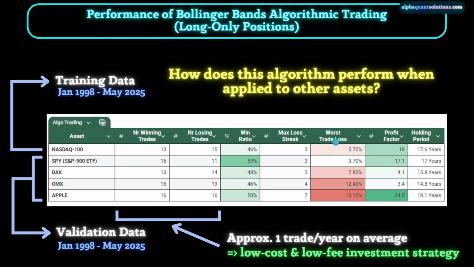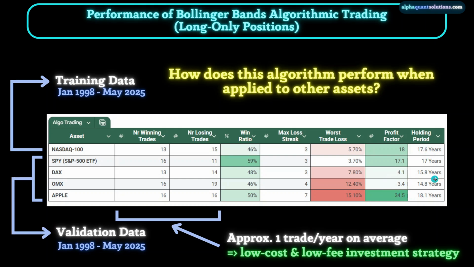We also start to see the worst trade loss pick up for these three assets, with values of 7, 12, and even 15% for the Apple stock. The profit factor drops substantially for the DAX and the Swedish index, but then also increases substantially for the Apple stock. So that's interesting.